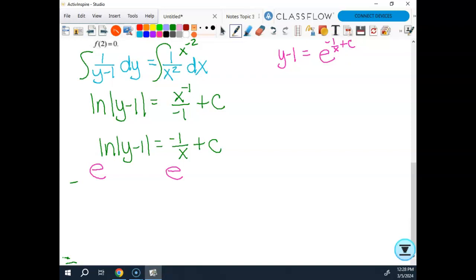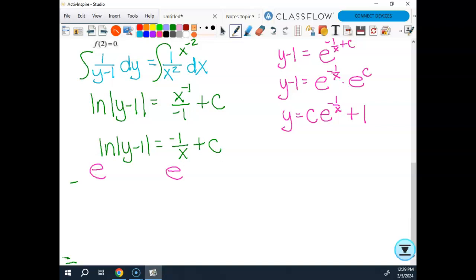So then I can rewrite this as y minus 1 equals e to the negative 1 over x times what? E to the c. And then e to the c is just c. So this is going to give me y equals c times e to the negative 1 over x plus 1. I just moved the 1 as I did it.